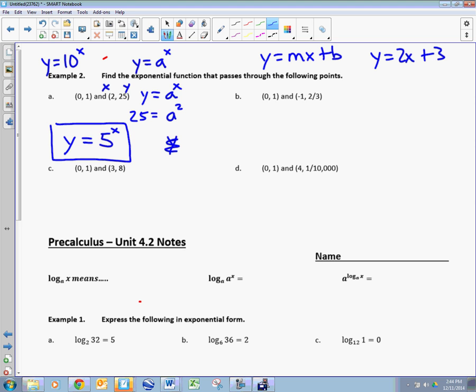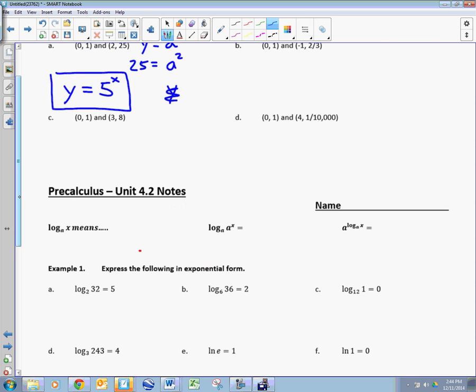Okay, this one. All right, let's do C first, okay? Y equals a to the x. Y is what value? It's not -8 to the x. It's 8 to the x times -1.